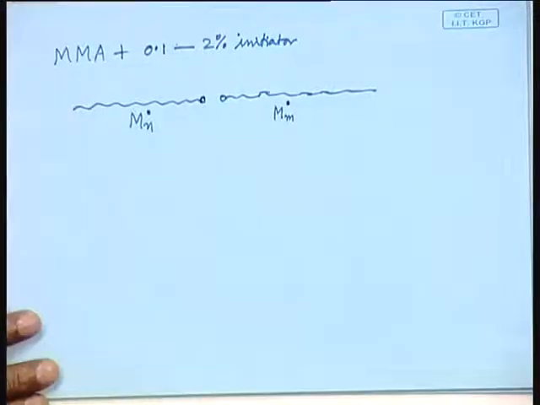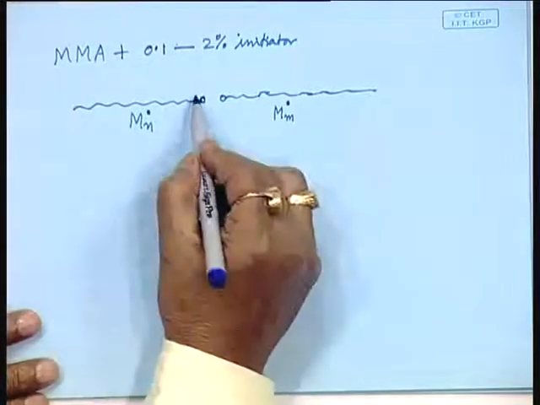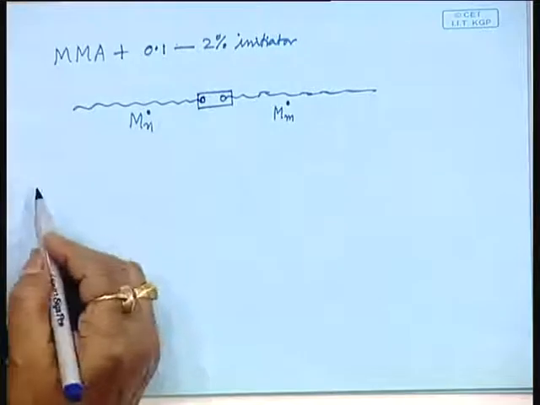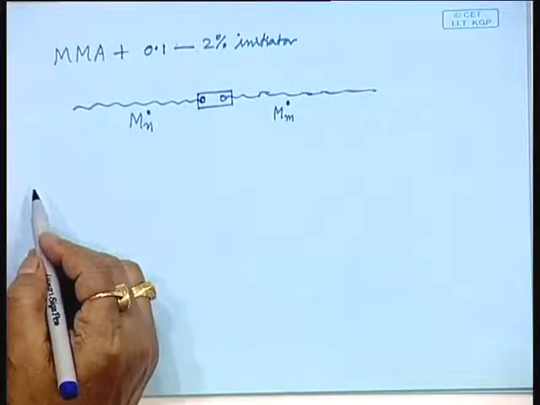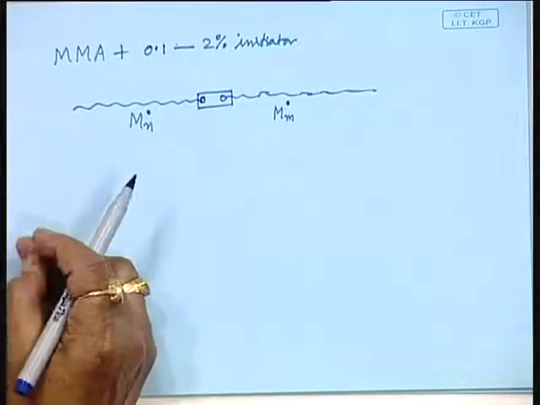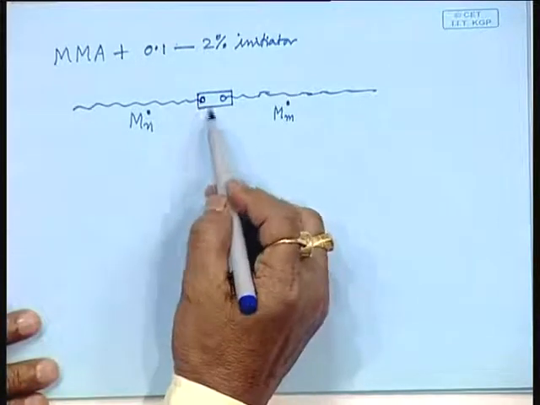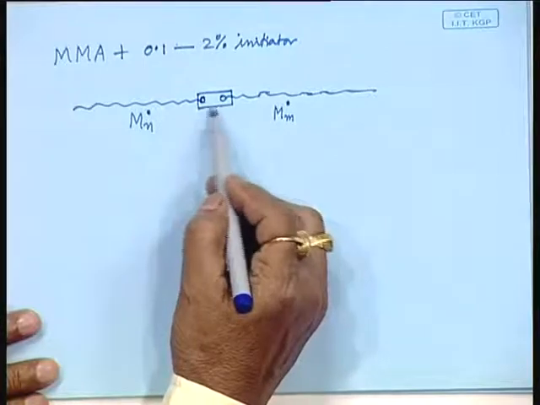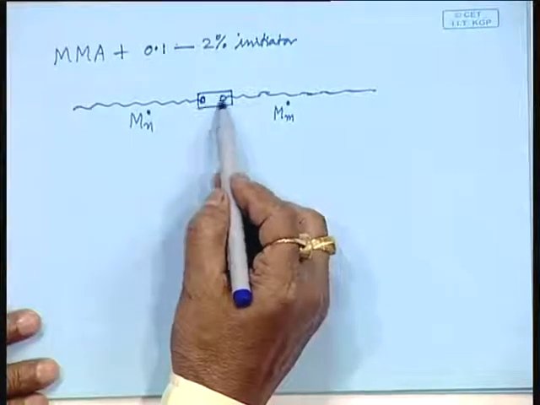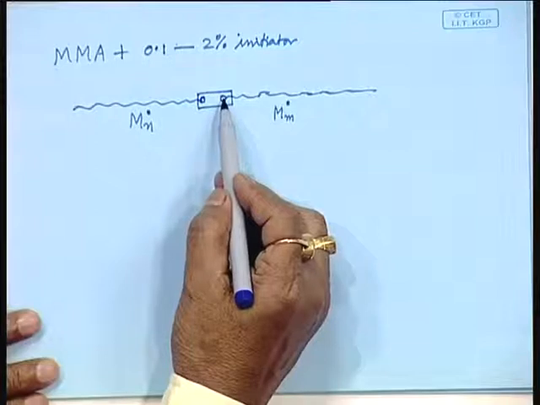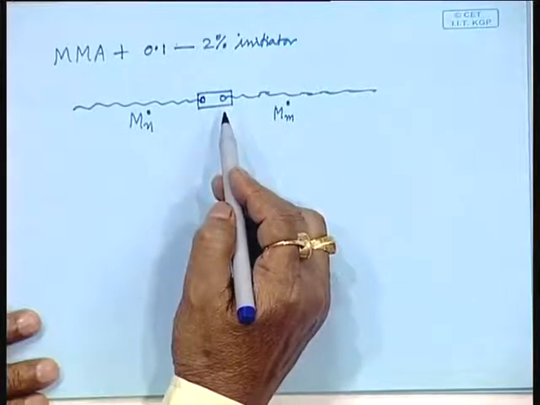Suppose this is Mn dot, this is Mm dot. These two radicals can couple. The activity of both radicals will be the same. I am keeping your question in mind, I will explain later. Here these two radicals couple forming a covalent bond, because two free radicals can react.